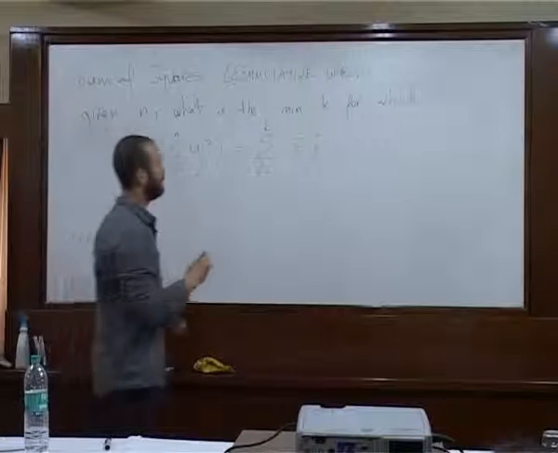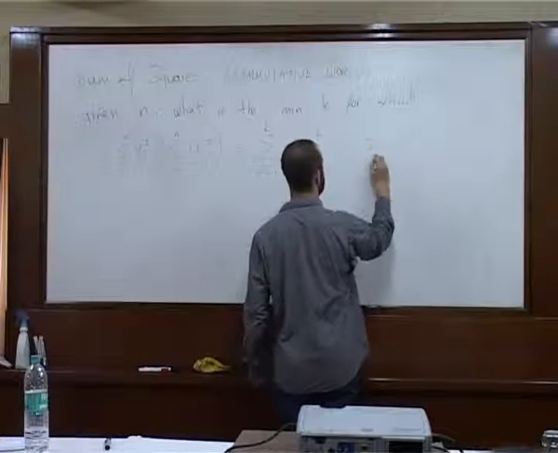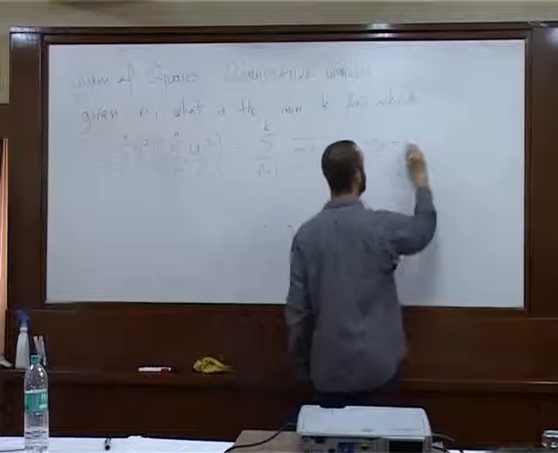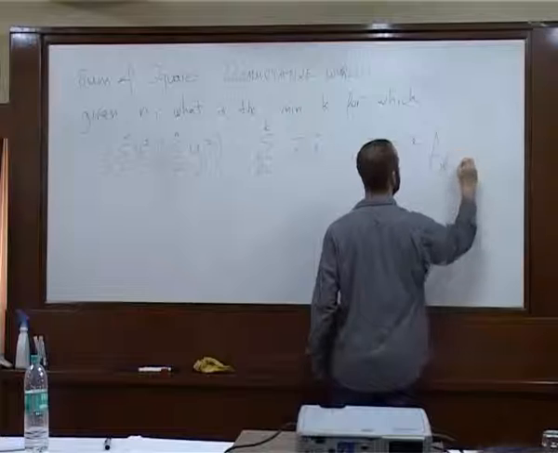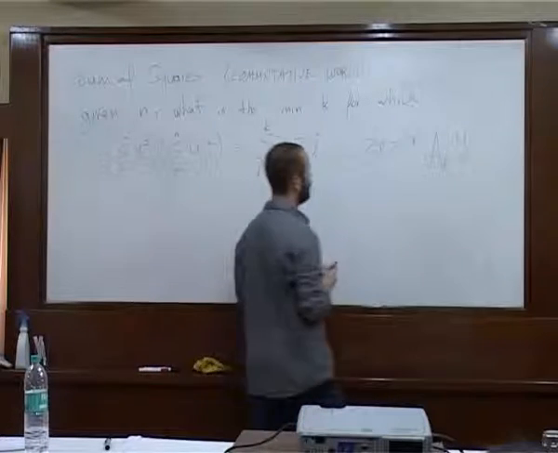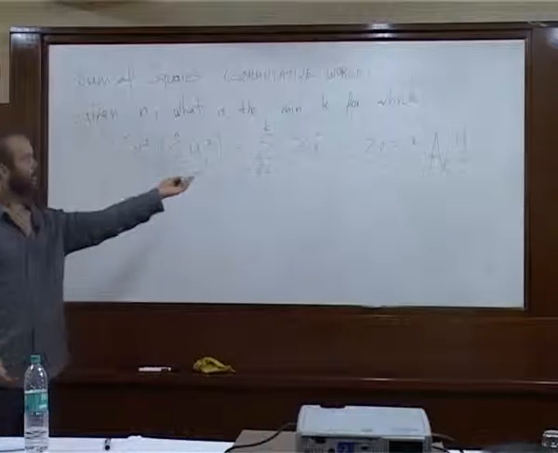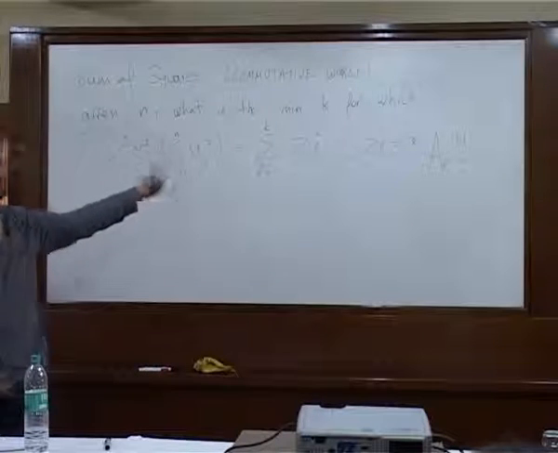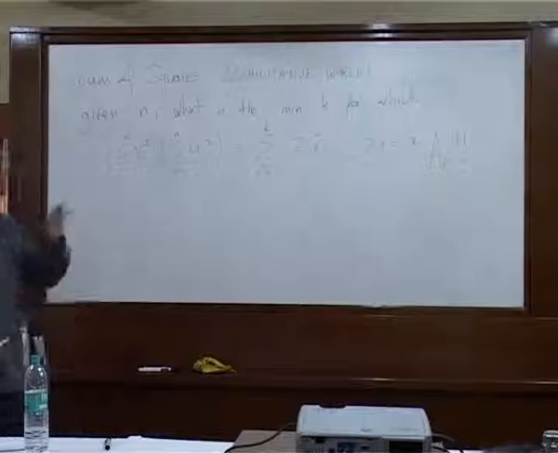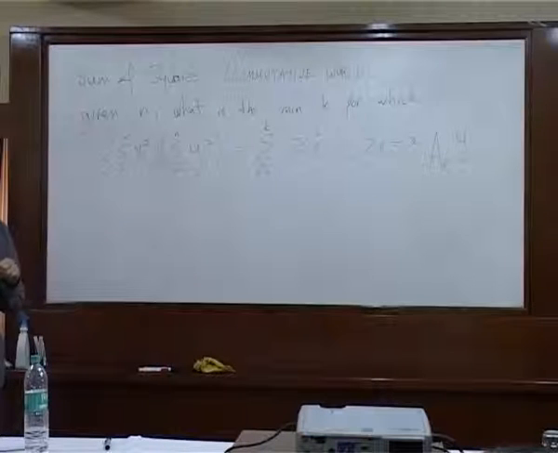And each of these things, Z_l, is a bilinear form. I write x as a vector of variables, y as a vector of variables, and we put some matrix between them.